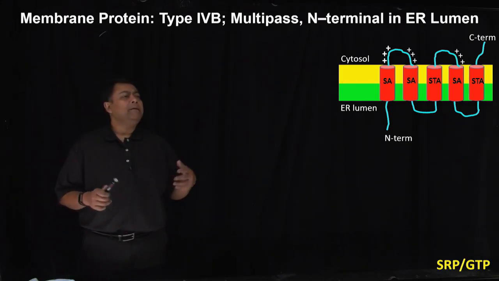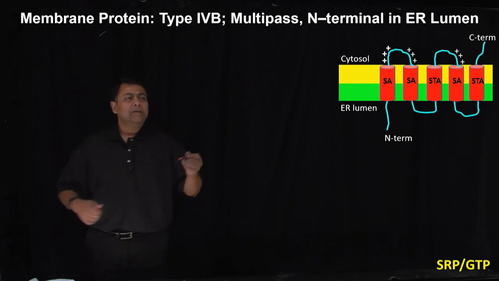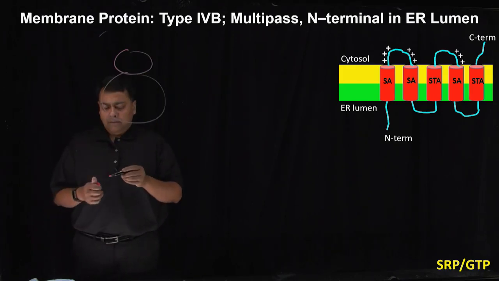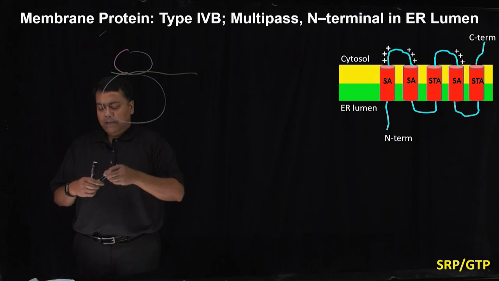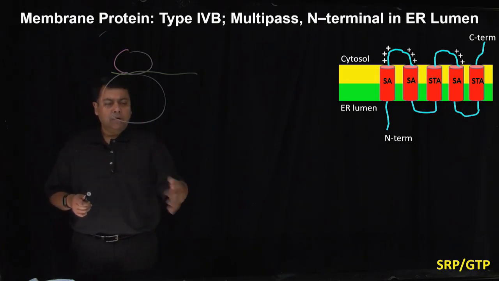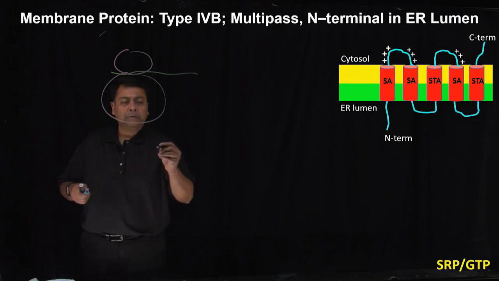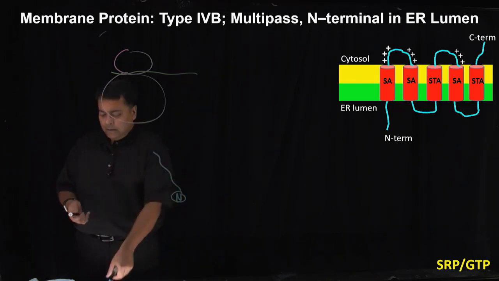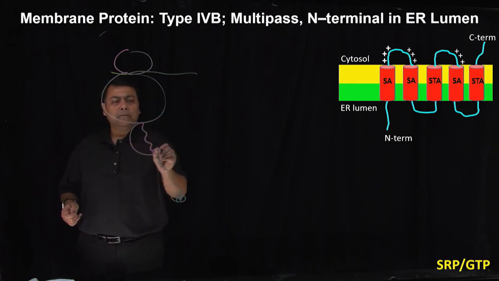This will be in a very similar way to how the type 4A is synthesized, just a little bit of difference right here. So here you can see the ribosome right here, and you have the mRNA, and the N-terminal doesn't have any signal. So what will happen? This part of the N-terminal is going to be synthesized in the cytosol, which will be followed by the signal right here.